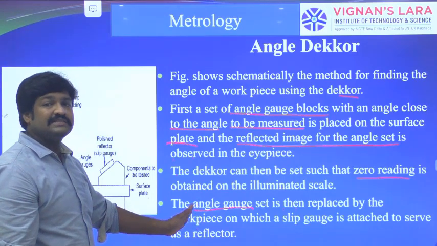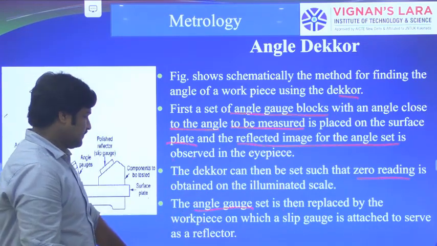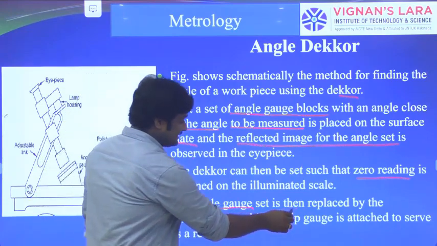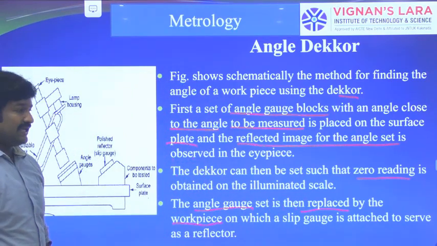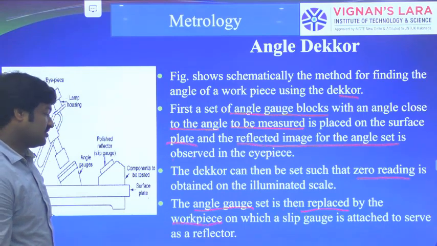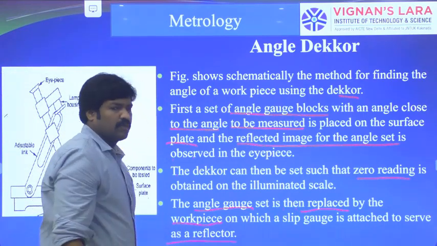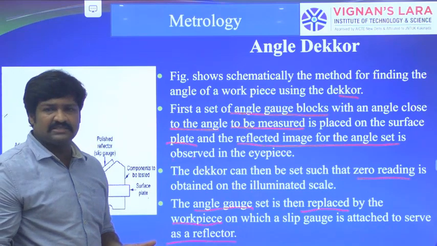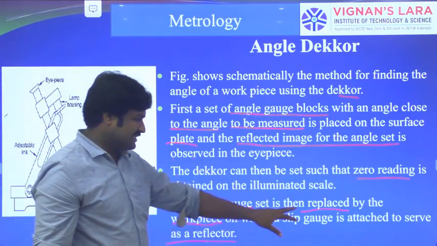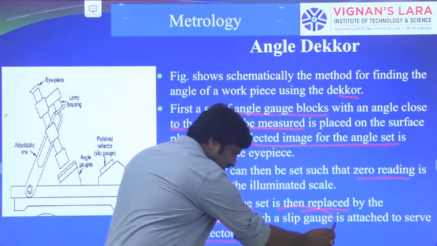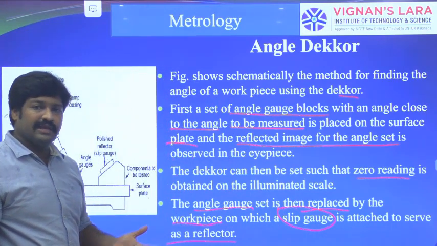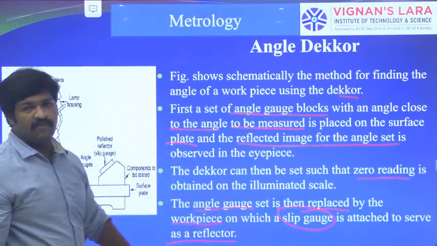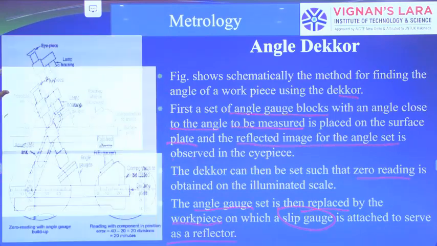Now these angle gauges are replaced with the workpiece. The angle gauge set is then replaced by the workpiece on which a slip gauge is attached to serve as a reflector. If the component is having a reflective surface, no need to use any slip gauge. If that surface is dull, it is not having any reflection, then we will add a slip gauge on the top of the workpiece.